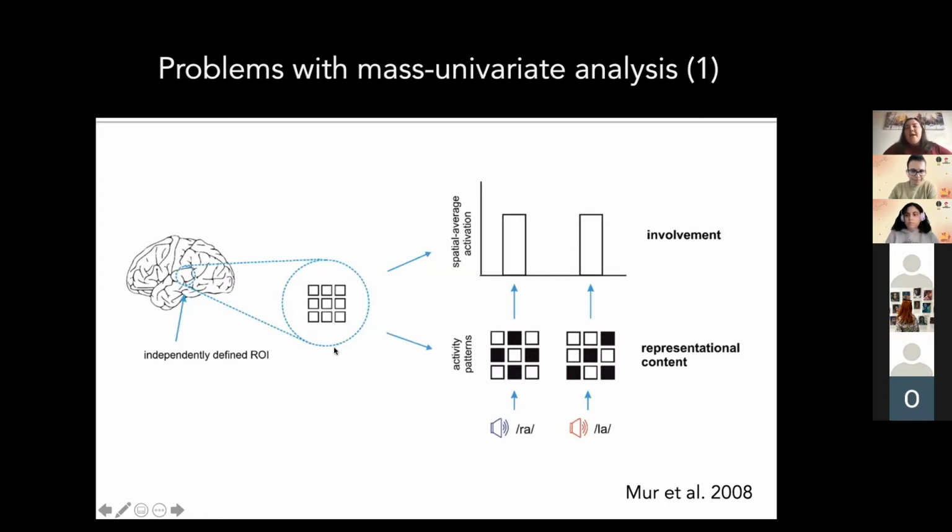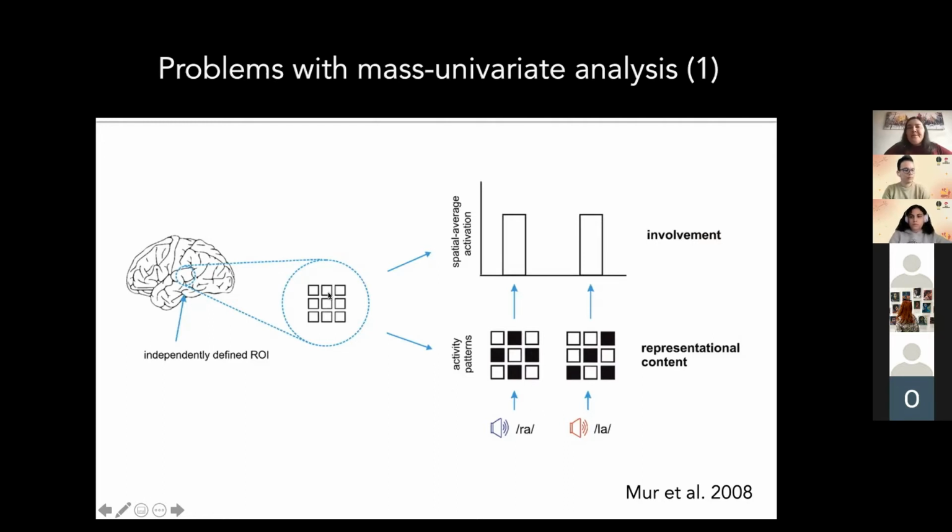Let's say that instead of having a listening versus rest period, you are presenting your subjects 2 phonemes, right? They listen to 2 phonemes. For example, one phoneme is ra and the other phoneme is la, okay?